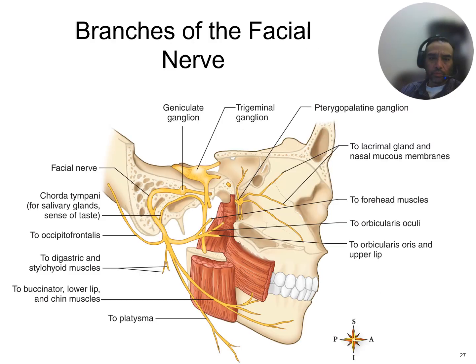Okay. This is figure 21-12 from the textbook. This is cranial nerve number 7. What it's illustrating there.